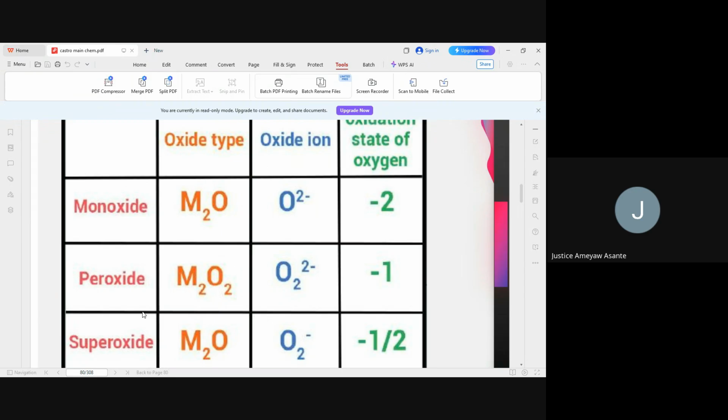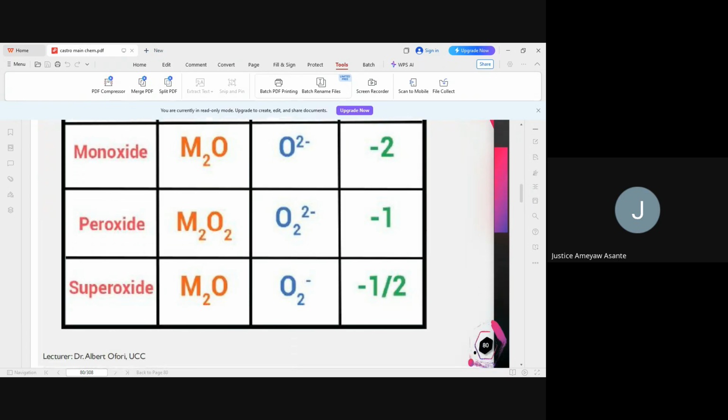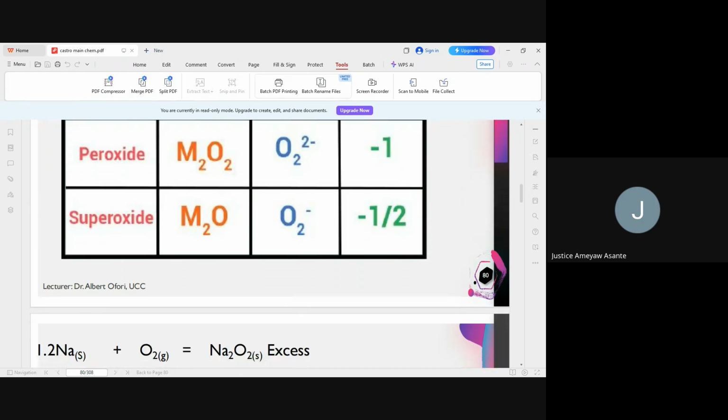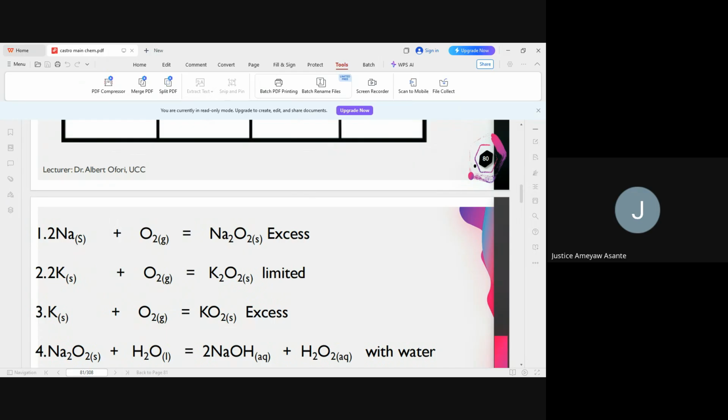When the metal forms a monoxide, the oxidation state of oxygen is -2. If it forms a peroxide, the oxidation state of oxygen is -1. And if it is a superoxide, it is -half. So these are the three oxides that metals can form.